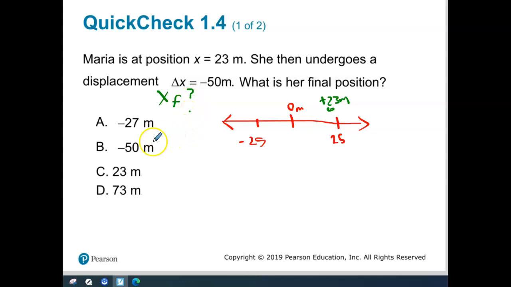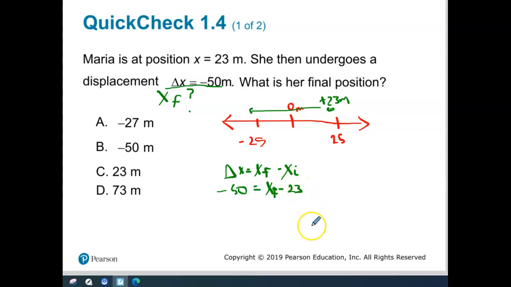Now, you might be confused because you're like, well, I don't know what to do. It tells you the displacement, so that's helpful. We know it's negative 50, so she's moving to the left 50. We're going to use that displacement equation. The displacement is the change in position, delta x, so it's final minus initial. If you plug in the values, we've got negative 50 equals the final position, which we don't know, that's what we're searching for, minus 23.